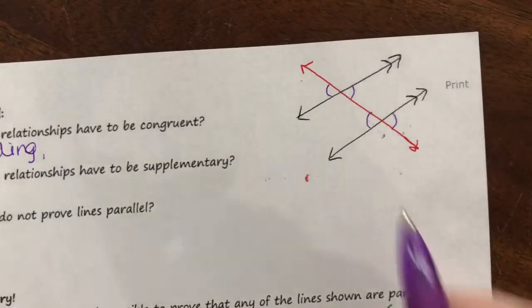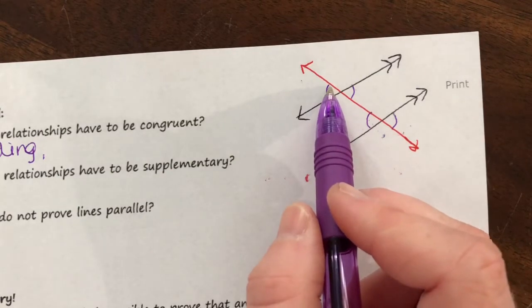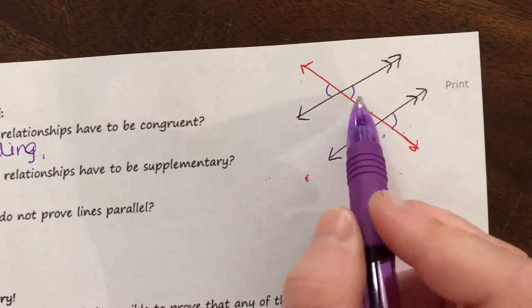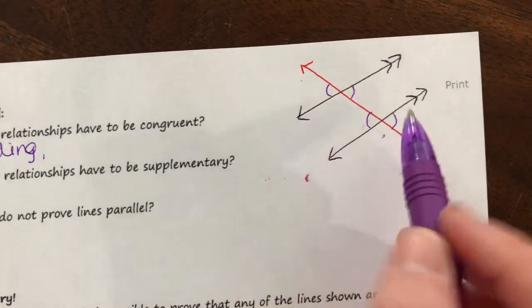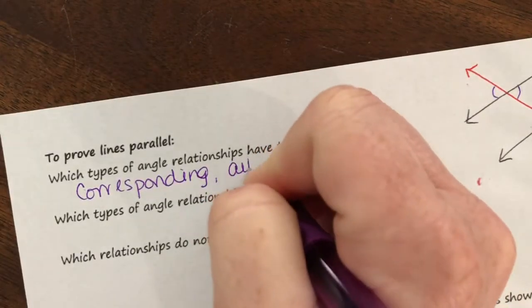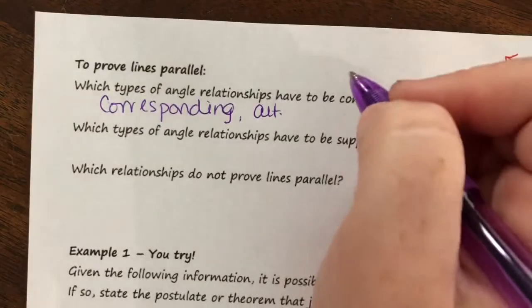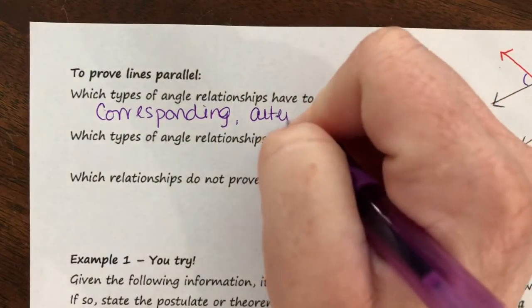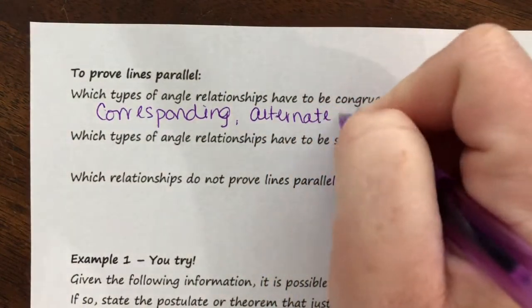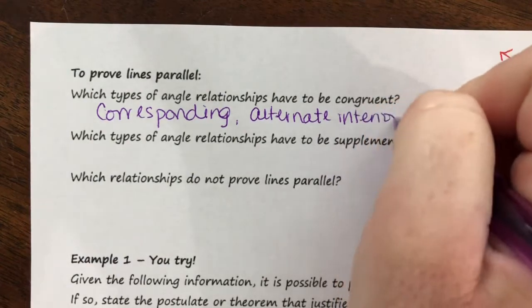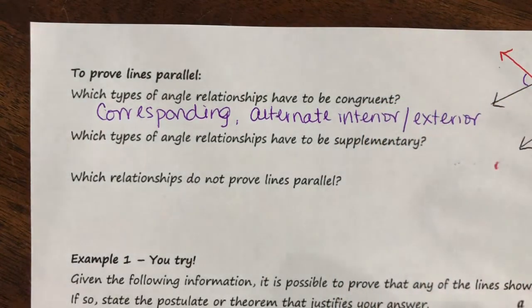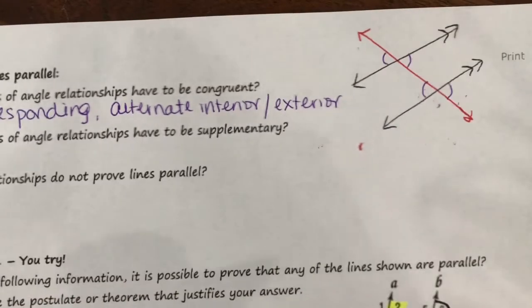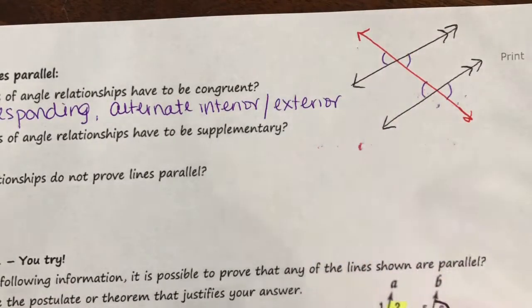I know that alternate interior angles have to be congruent and alternate exterior angles have to be congruent. All of my alternate angles have to be congruent. Alternate interior, exterior. All of those angle relationships are congruent if my two lines are parallel.